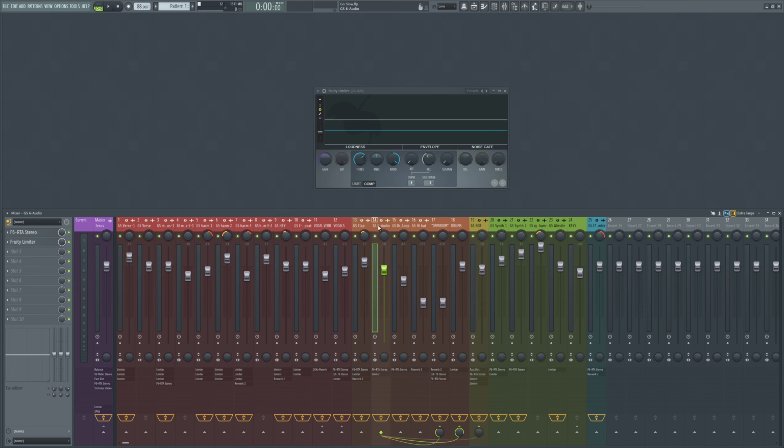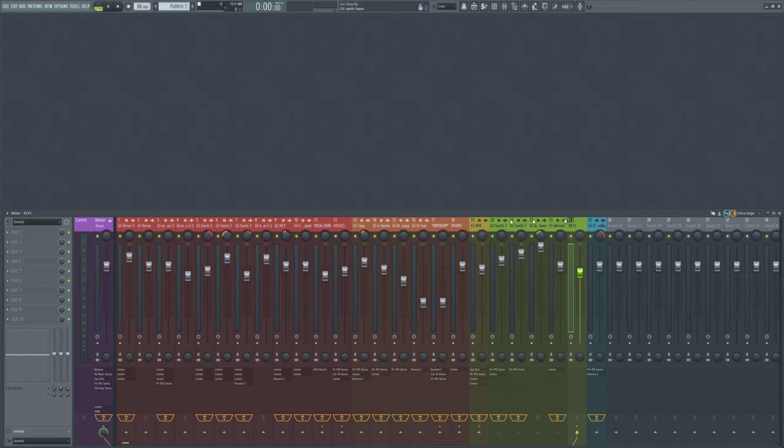So I'll let the kick do its thing first, do its hit, and then it will allow this bass, this 808 here, to basically pass through uncontested, so that the kick and the 808s won't be fighting for space, basically.